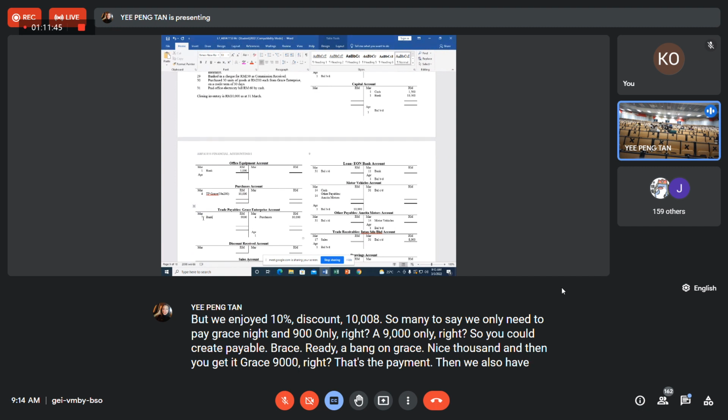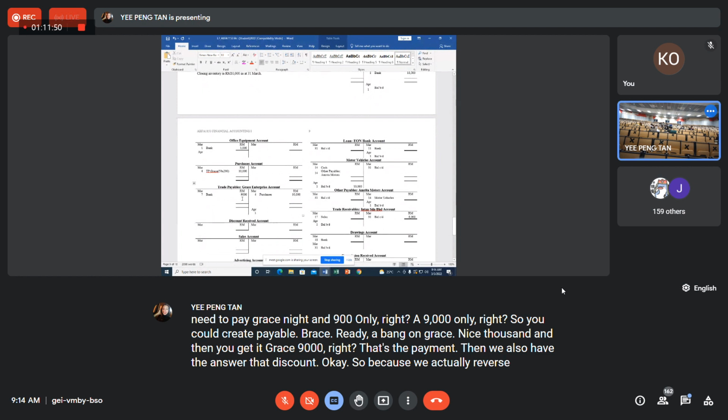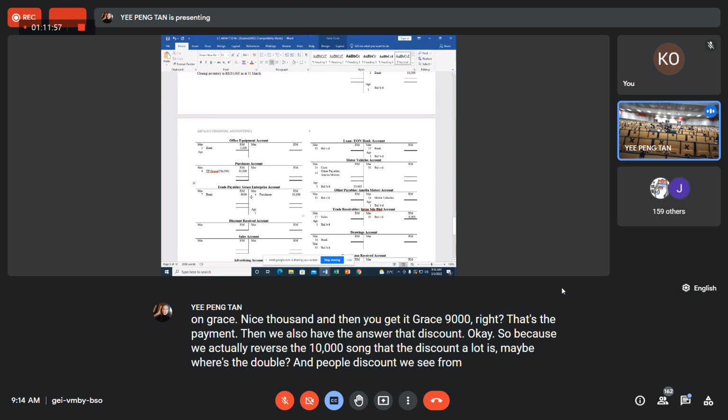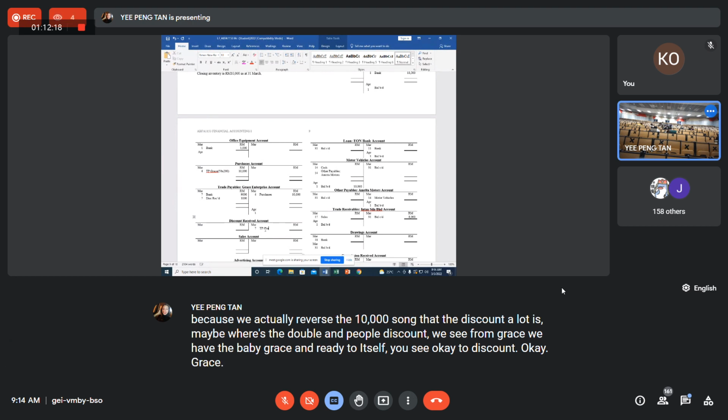And this one you put bank. Then we also have to enter the discount, because we need to reverse the 10,000. What is the double entry for discount received from Grace? We have to debit Grace and credit discount received. Debit here and credit here.